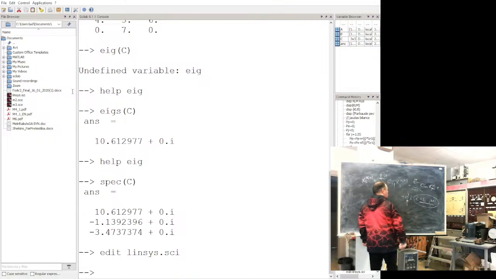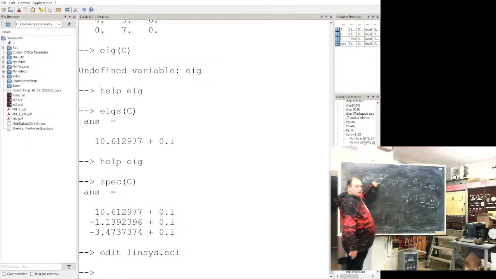This element goes in. Count from 1 to i minus 1.